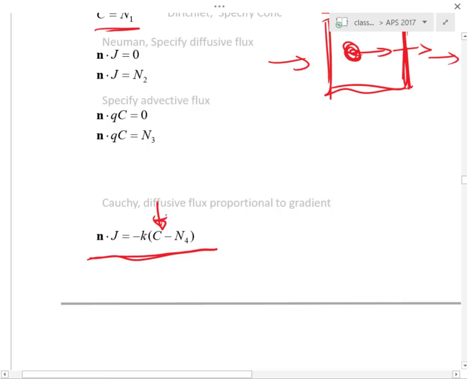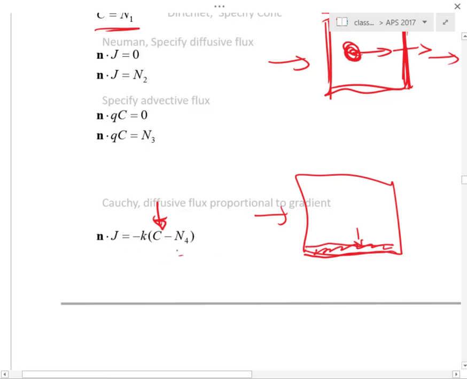This is used if we had, say, a region like this, and we've got a thin layer here that is impeding the diffusion outwards. This is like a mass transfer expression, and so we might characterize the mass transfer out using this third type.